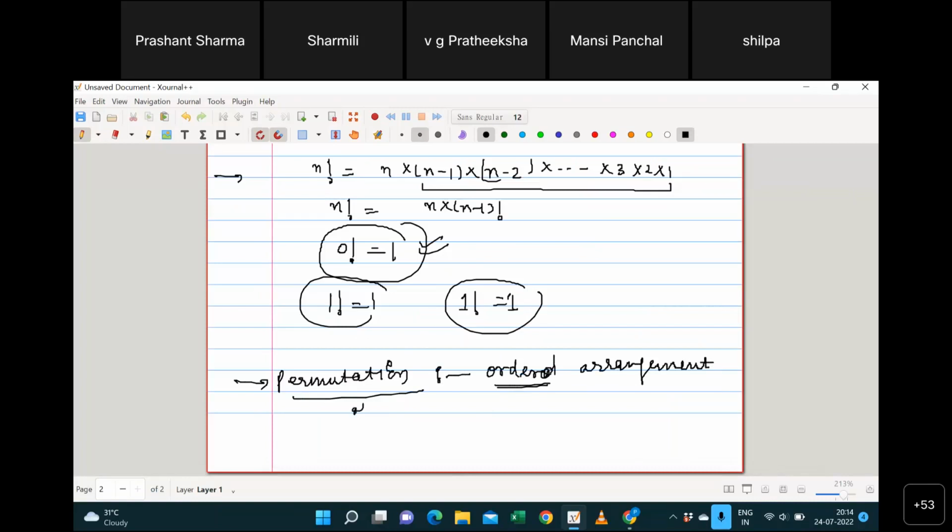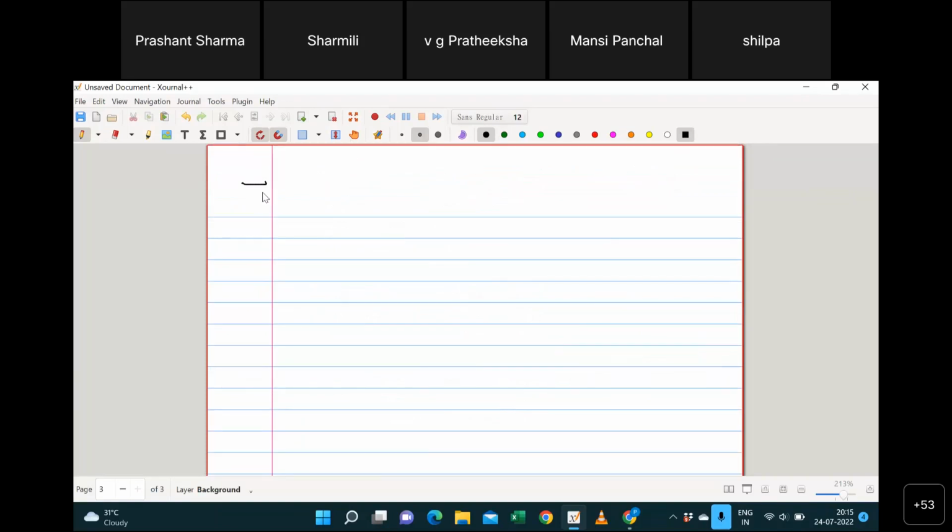Ordered arrangement of all or some of the objects, right? There is a very basic difference between permutation and combination. In permutation, order matters, and in combination, order doesn't matter. So in permutation, we have to do the ordered arrangement, right?